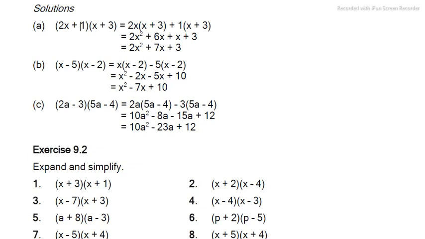In part B, we have x minus 5 into x minus 2. We shall use the same approach, where we maintain one of the brackets and split the other. Normally we are maintaining the second, but you can also maintain the first depending on your wish.